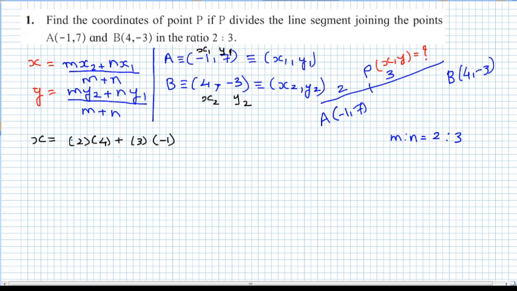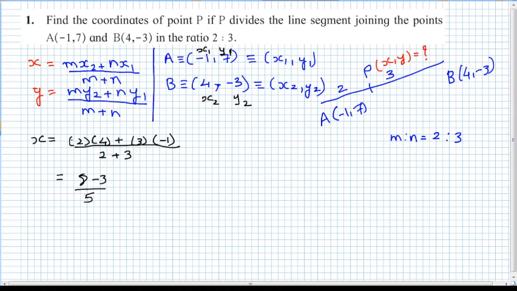Remember, it is -1, upon m plus n, which is 2 plus 3. So that is 8 minus 3 upon 5, which is simply 5 upon 5, which is 1. So x we got as 1.